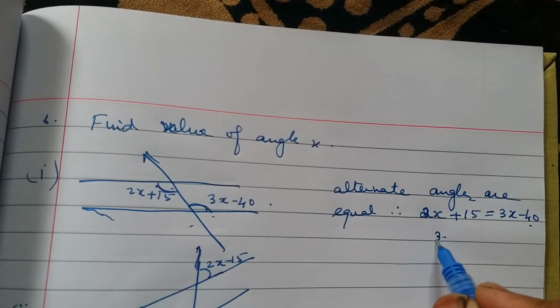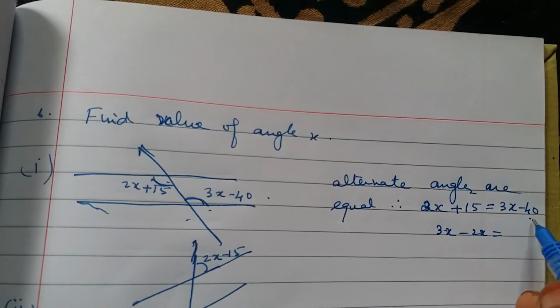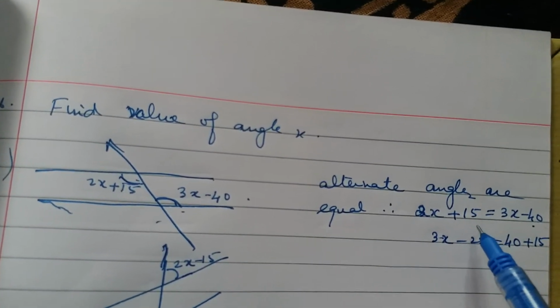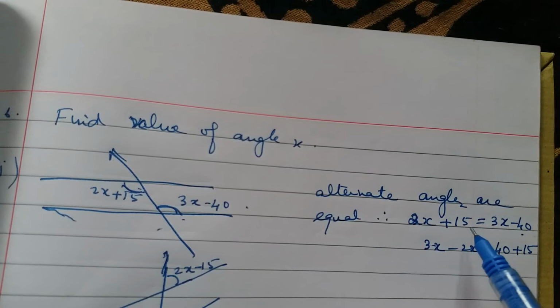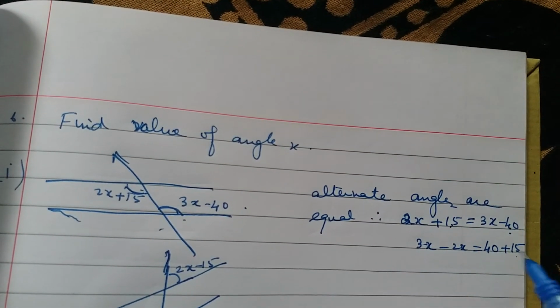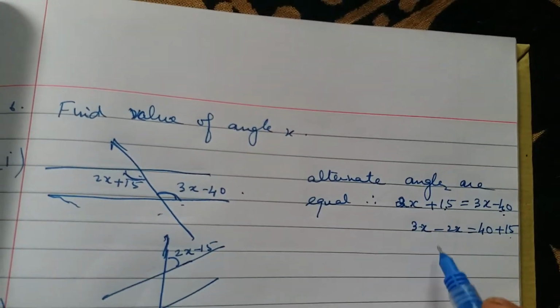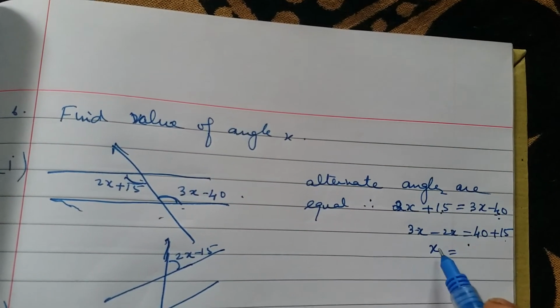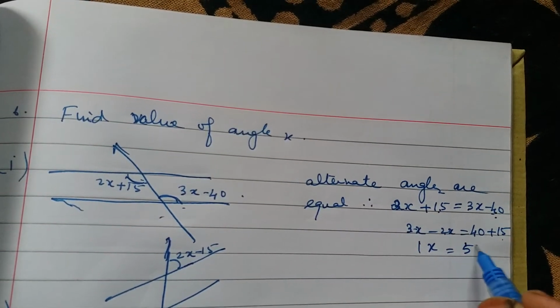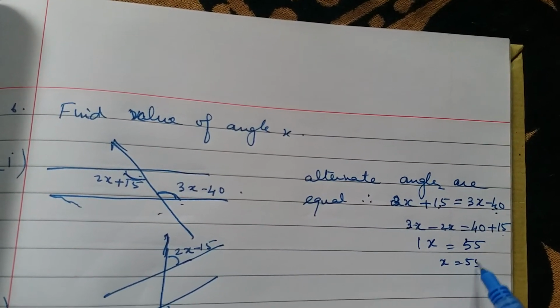So 3x minus 2x is equal to 40 plus 15. I am bringing this side, so 40 is brought this side, this becomes positive, this is also positive. So 3x minus 2x is 1x is equal to 55. So here x is equal to 55 degrees.